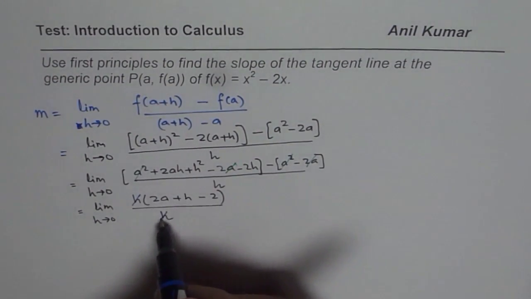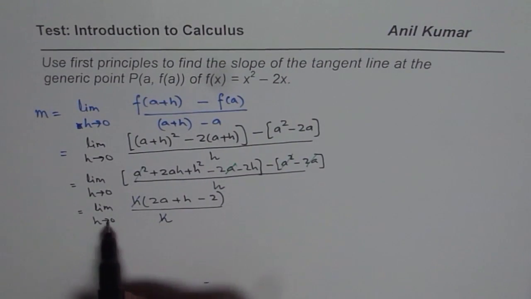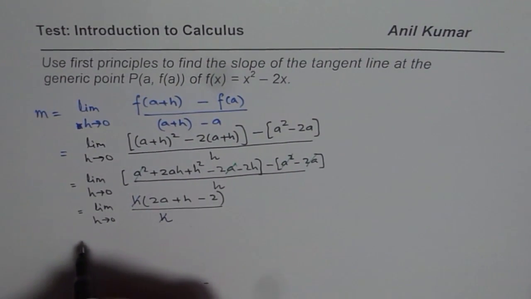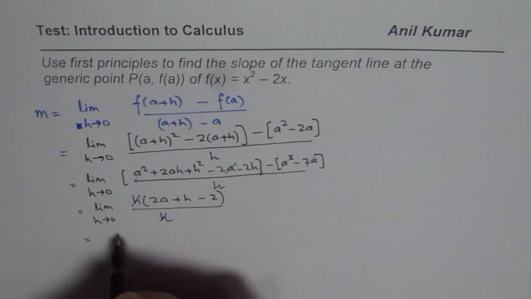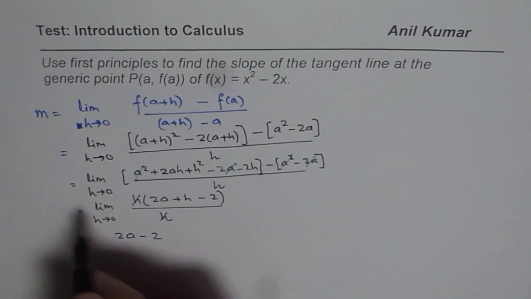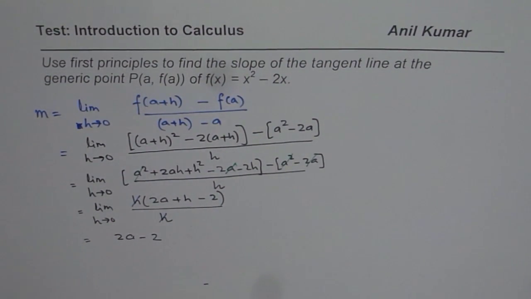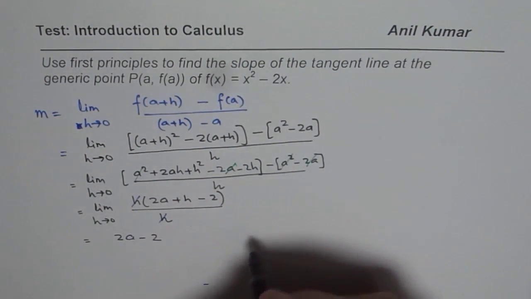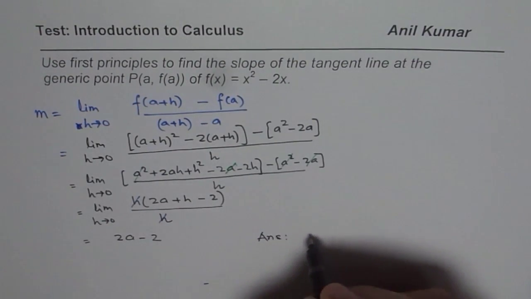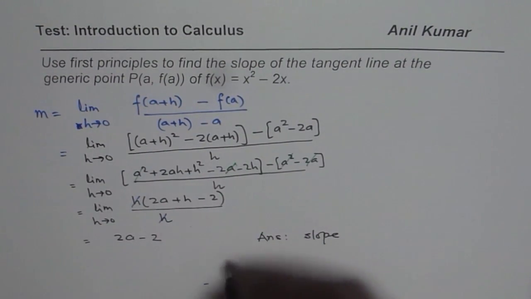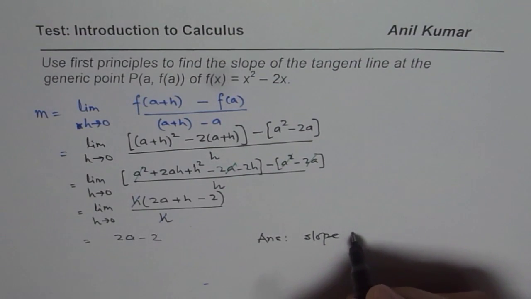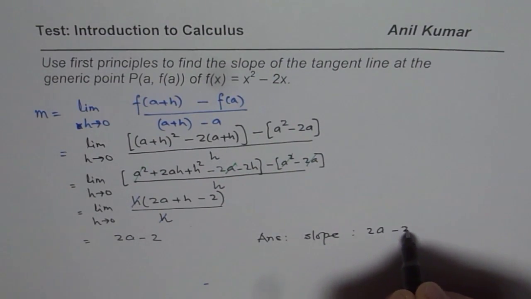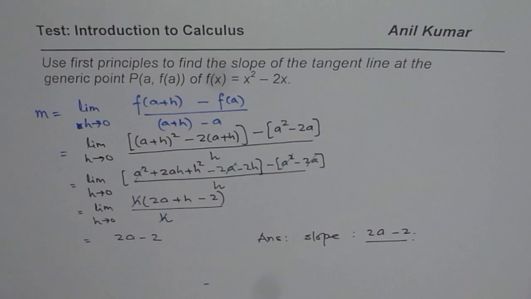Once we do that, we can substitute h equals 0 and find our answer. So we get 2a minus 2 as a general expression for slope at any point on this parabola, right? So the answer here is that slope can be represented, at any point, by 2a minus 2. So that is the rate of change, or the slope of the tangent line at any point on the graph.